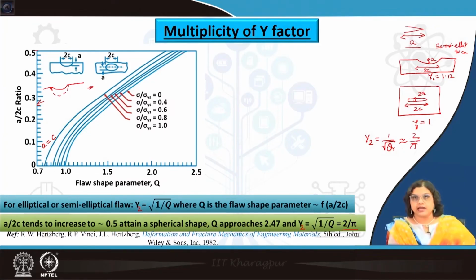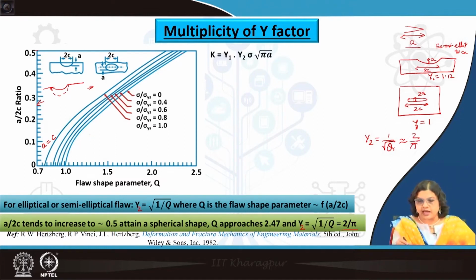So, essentially that means that when we have cracks or defects of such shape and such position, we can actually have K, which is determined by multiplying this y1 and y2 along with the typical relation of sigma root over pi a. So, this y1 is based on its position. So, this could be 1.12 or 1.